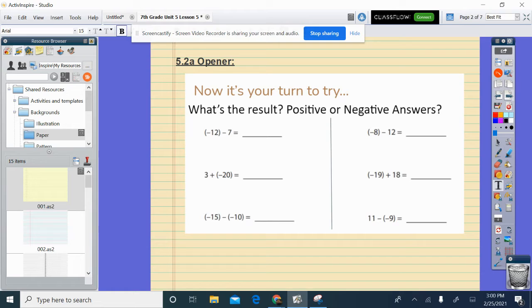What I was looking for in this opener was not the solution to this equation, but just whether the solution would be a positive amount or a negative amount. That's our focus in this lesson today. So go to Nearpod and just work this activity. That way I can register that you did it. But let's just move on to the lesson, and maybe we'll come back to this and go through this opener later on.